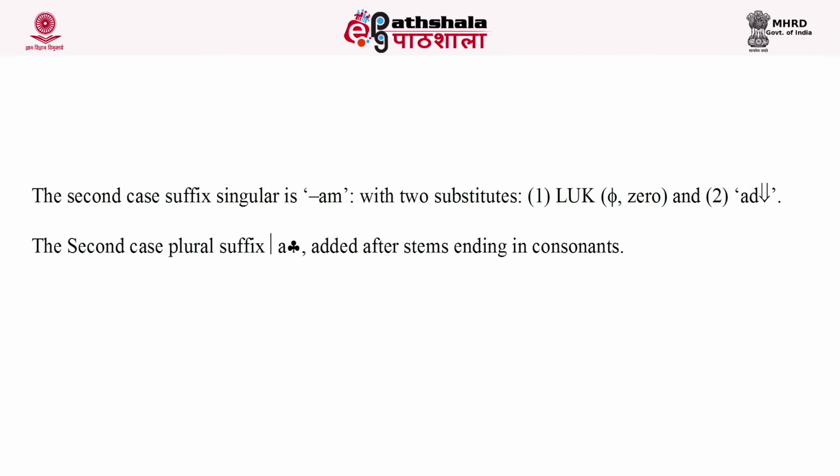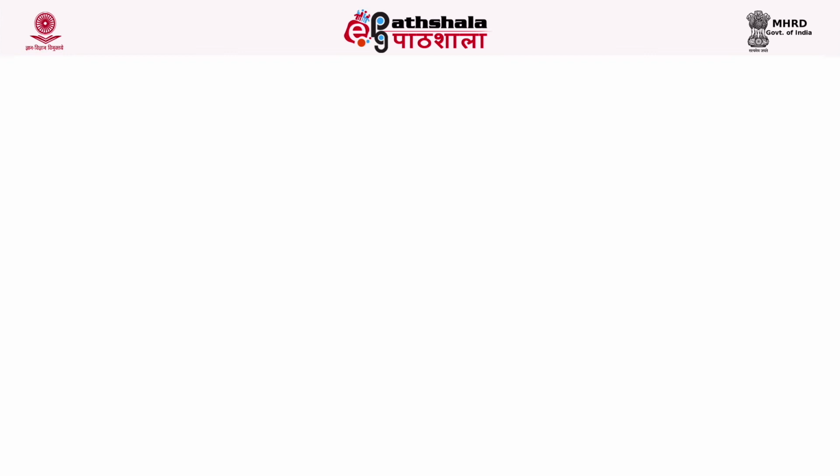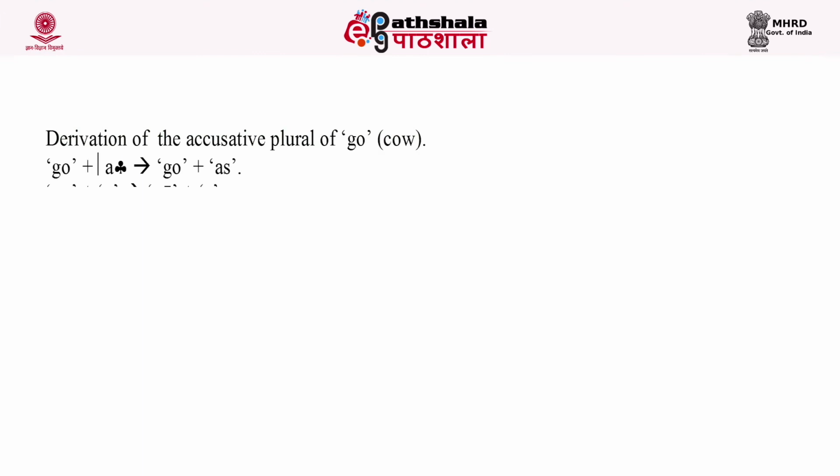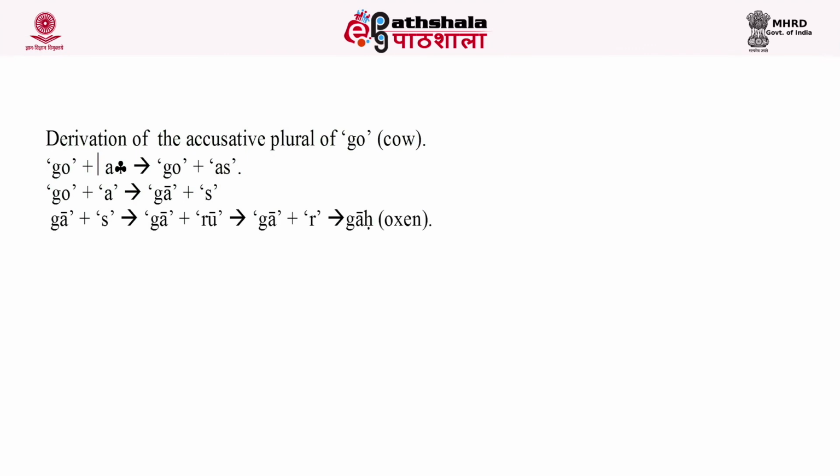Let us now derive the accusative plural of go, cow. Go plus us. Now apply the sutra Atom Sasa 6193. The sutra states that a single substitute in place of stem final O plus the vowel of shush is long A. Go plus O goes to Ga plus So by the present sutra.